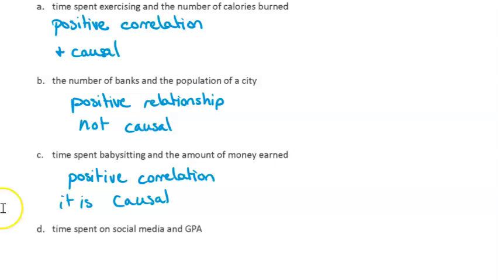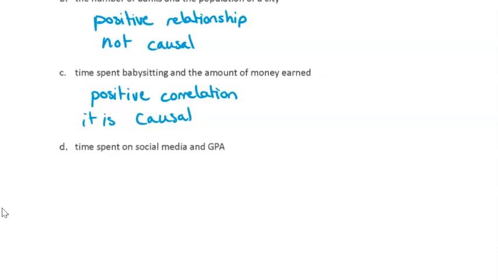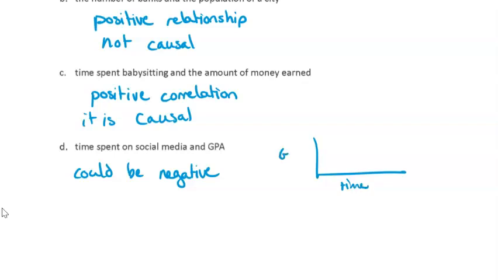All right, and time spent on social media and your GPA. It could be negative. We don't know. What I mean by that is as you spend more time on social media, your GPA might drop because you're not doing as much homework. But it is not causal, because just the time spent on social media doesn't cause your GPA to go down.